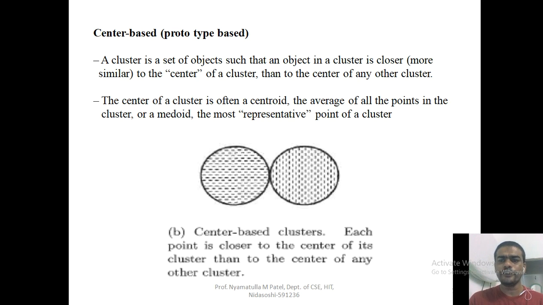That is the average of all the points in the cluster, also called the midpoint, the most representative point of the cluster. So, in center based or prototype based cluster, we consider a concept called the centroid or midpoint, the most representative point of the cluster. All the points in a particular cluster will be very much closer to that.